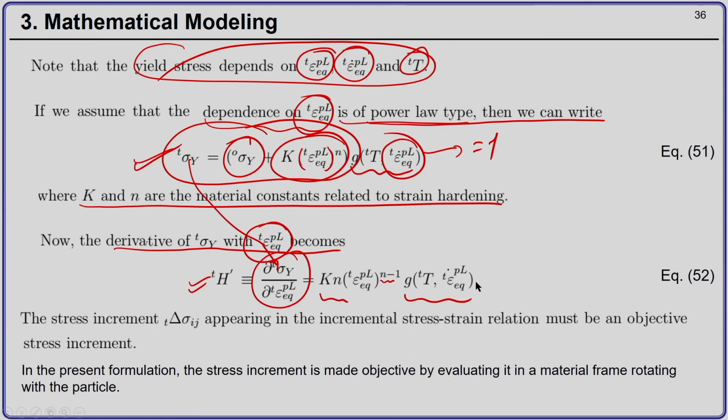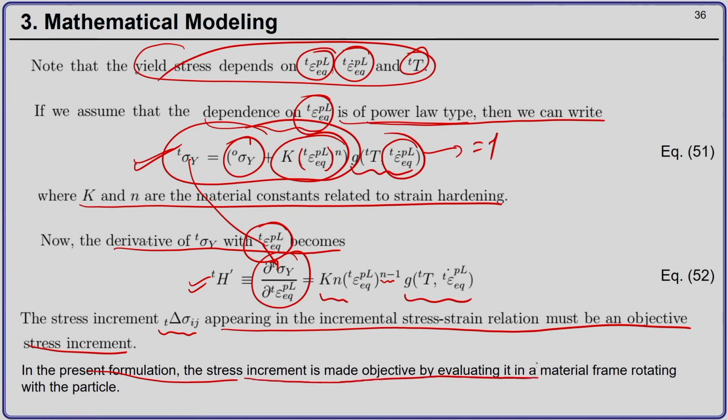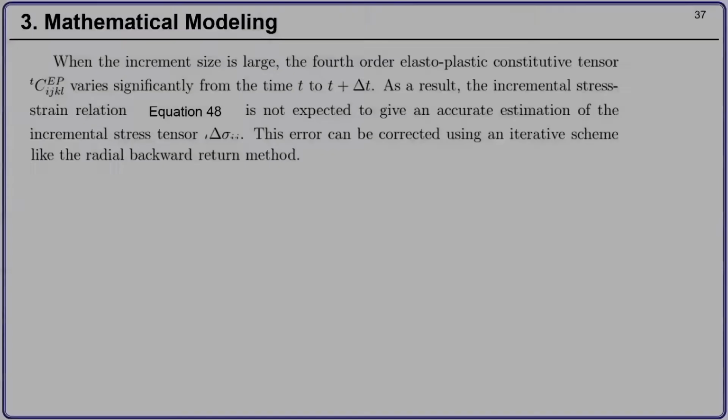Now, the stress increment appearing in the incremental stress strain relation must be an objective stress increment. And in the present formulation, as we discussed in the previous slide, the stress increment is made objective by evaluating it in the material frame rotating with the particle, by using the procedure that we discussed in our previous slide.